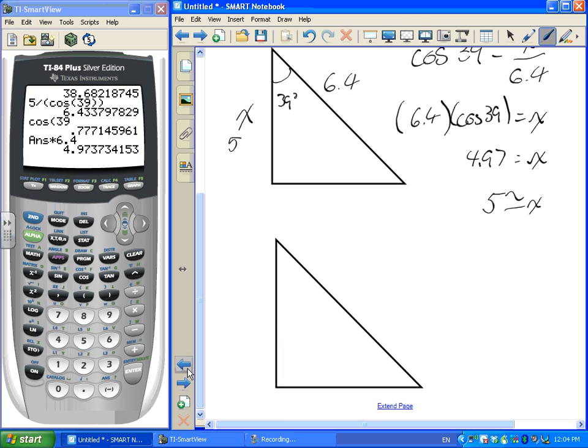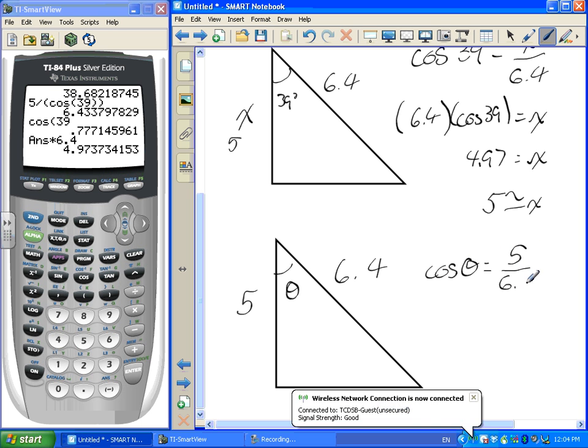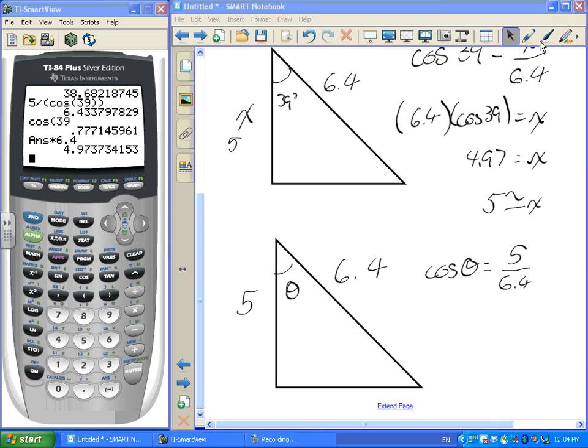And last one. We're looking for the angle this time. Not sine, sorry, we're on cos. Cos theta is equal to adjacent, which is 5, over hypotenuse. Cos theta is equal to 5 divided by 6.4.